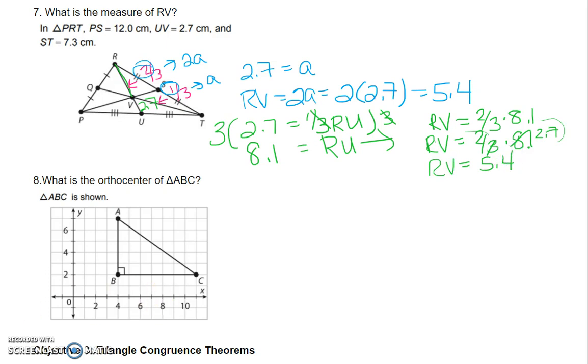Option 3. If I already know that the whole length is 8.1 and one part is 2.7, then the second part is going to have to be 5.4. So there are 3 different options here. We could go with part to whole.